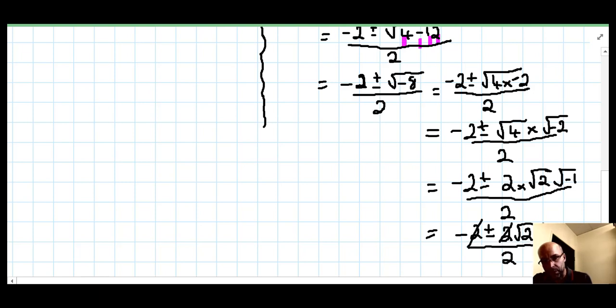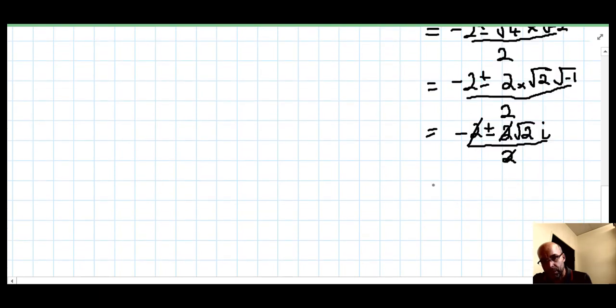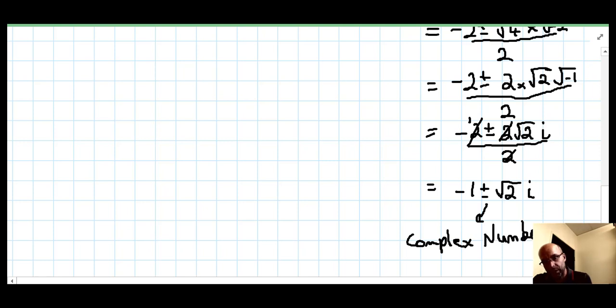Common factor of 2, we have -1 plus or minus root 2 i over 1, just root 2 i. So that's an example of a complex number. So it involves i.